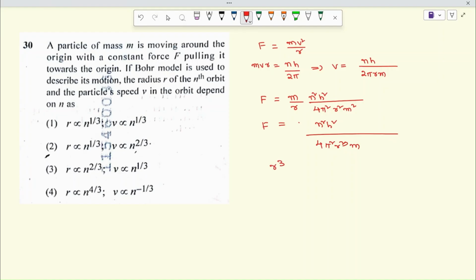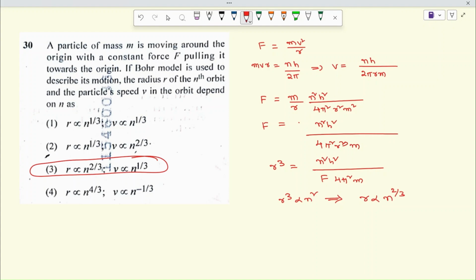R cube is equal to all these things by f, n square h square by f into 4 pi square m. So r cube is proportional to n square, which means r is proportional to n power 2 by 3. Only one option we have. You need not find the other things. So option 3 directly.